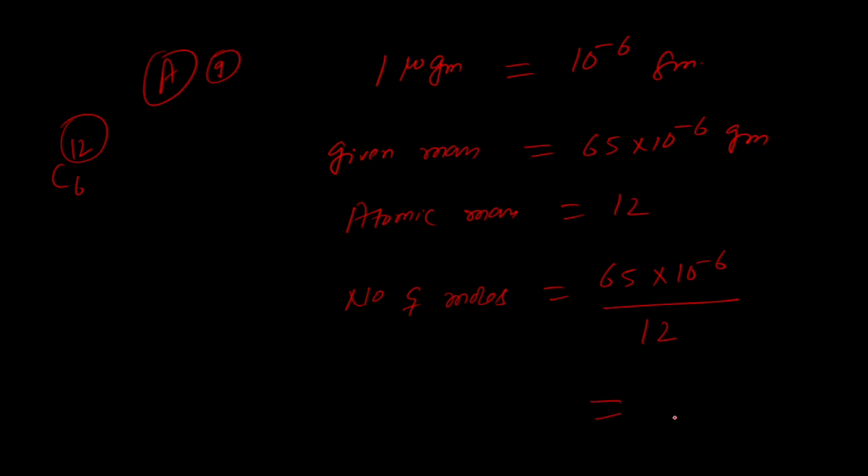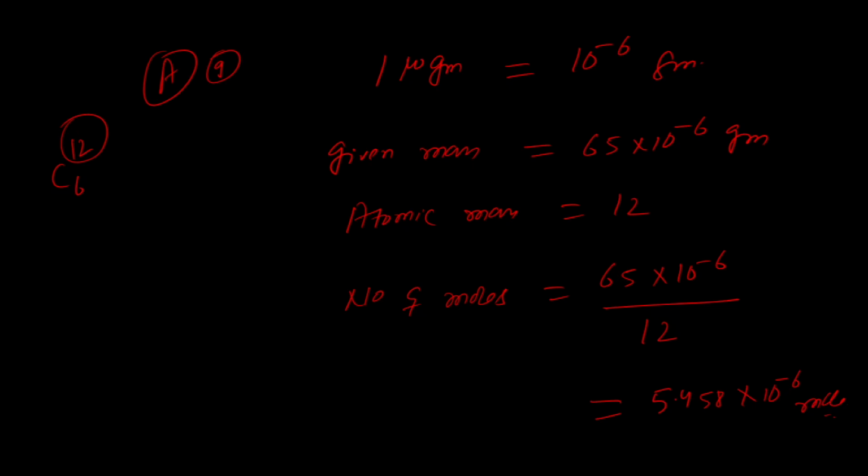You have to solve it, whatever will come, that will be the answer, and your answer will come 5.458 into 10 power minus 6 mole. So this is your answer.